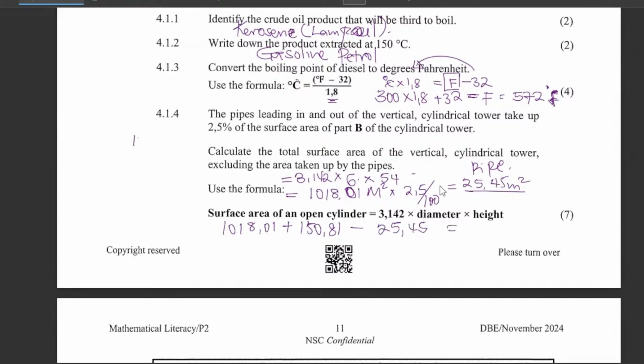So here the area is 1143.37 meters squared. So that is the total surface area of the vertical cylindrical tower. Yeah, this is it.